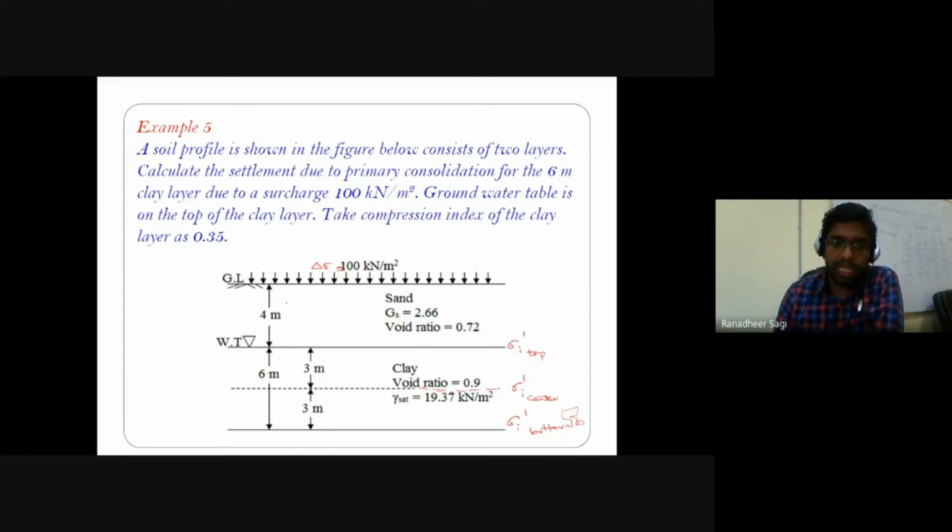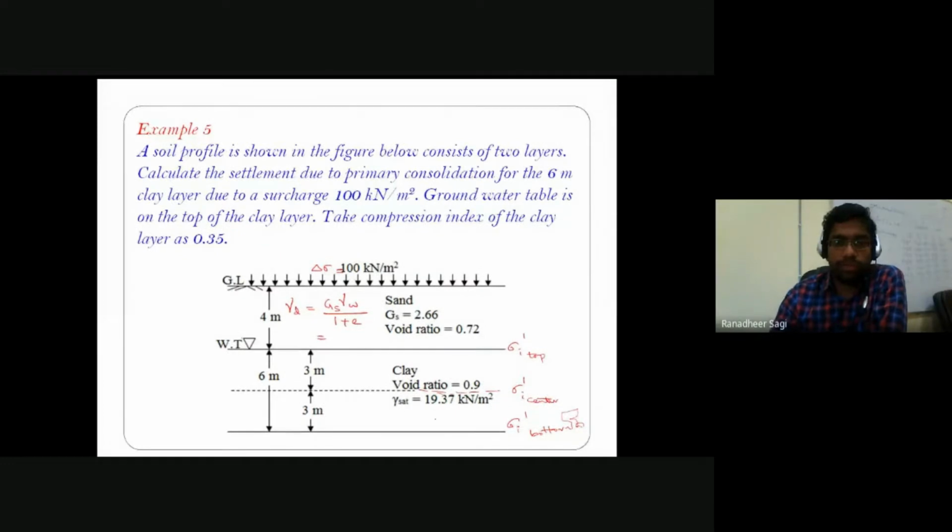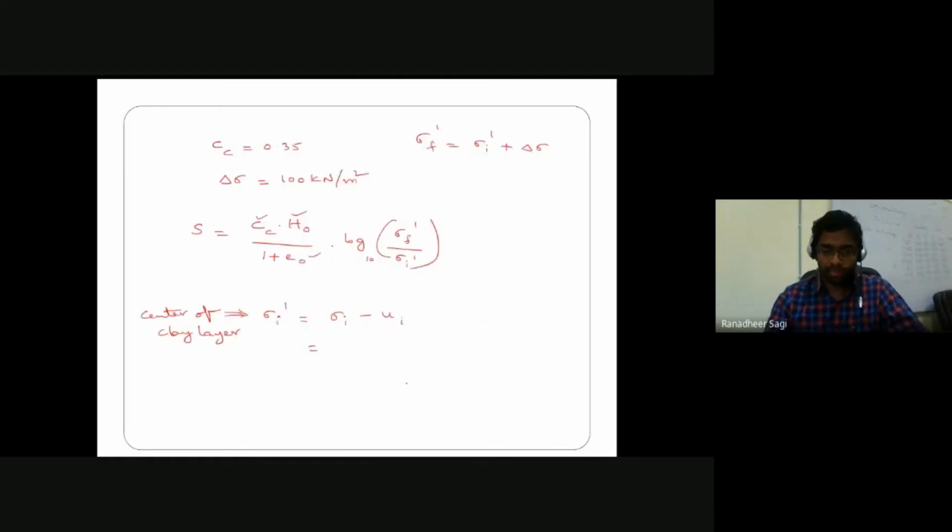The corresponding unit weight of that sandy soil strata I can write as Gs gamma w by 1 plus e. 15.17 is the dry unit weight of the sandy soil layer, so 15.17 kilonewton per meter cube. Once I know the dry unit weight of the sandy soil, and the saturated unit weight of the clay soil is already given, I can go ahead and write down the initial total stress at the center of the clay layer.